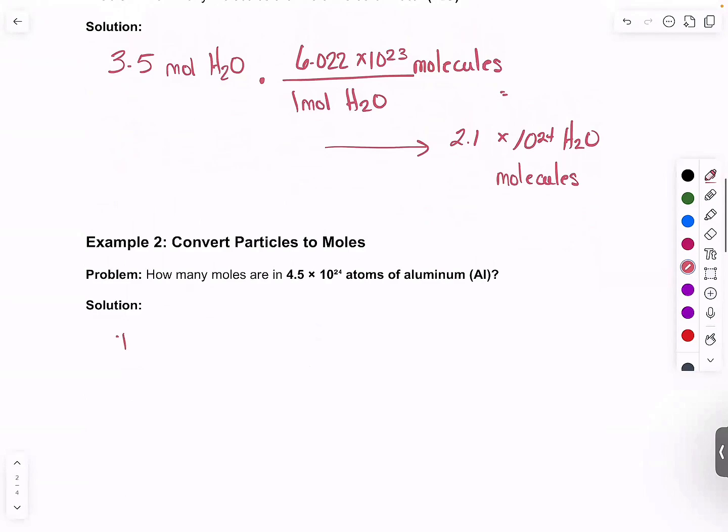We can say, all right, if we have 4.5 atoms, okay, so this is a straight up element, so we would just say atoms of aluminum.